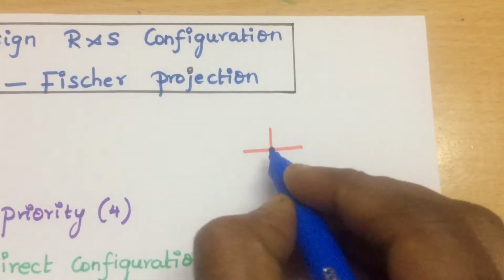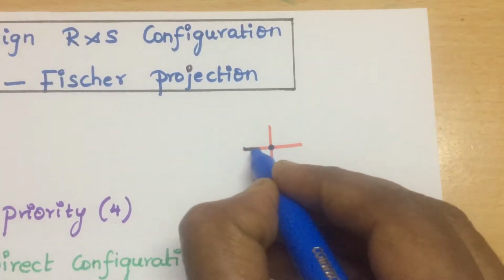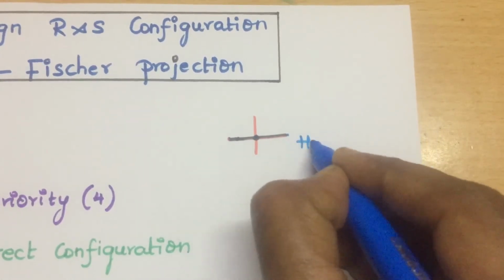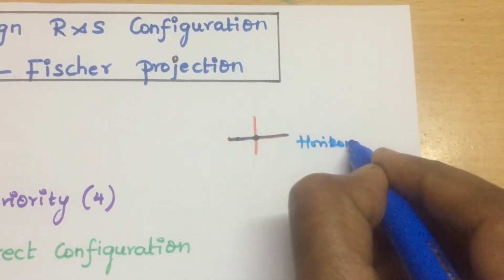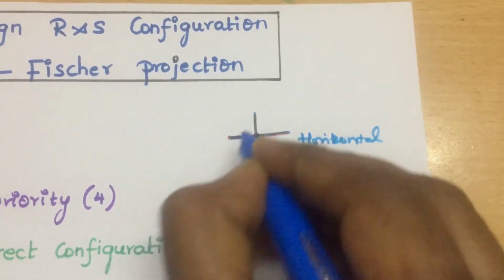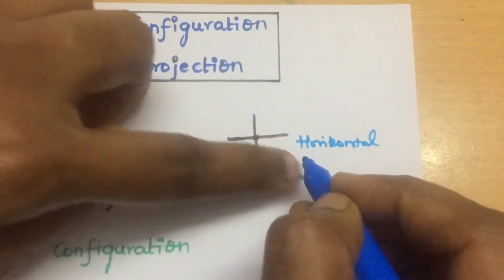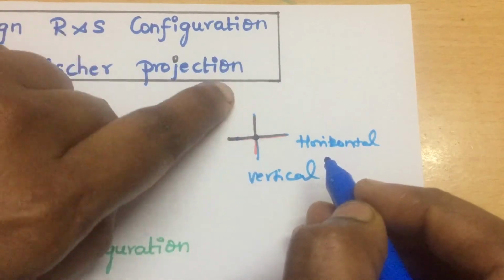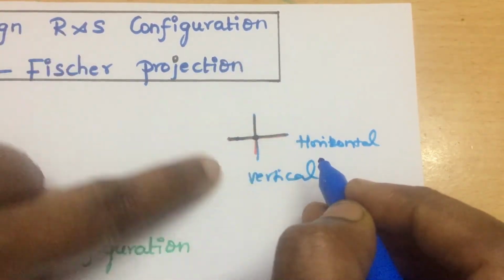We call this the horizontal line, and this is the vertical line. This is a Fisher projection. All four valencies for the substituents are represented here.